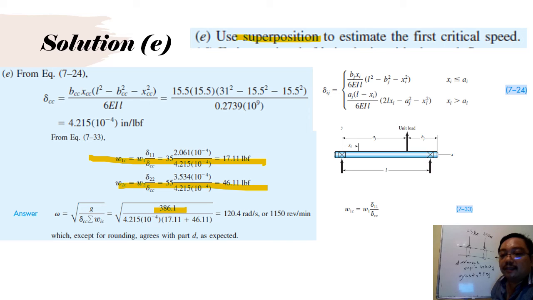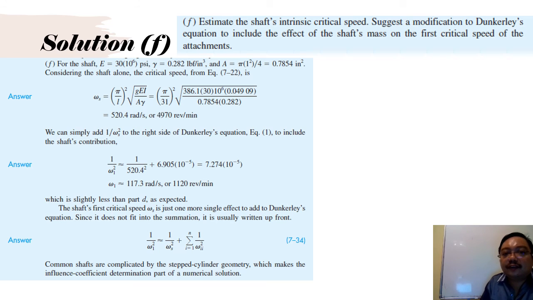In British units, it is given by 386.1 inches per second squared. That is why they used 386.1.